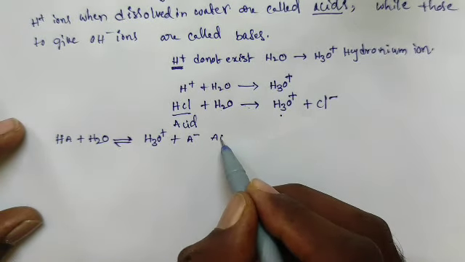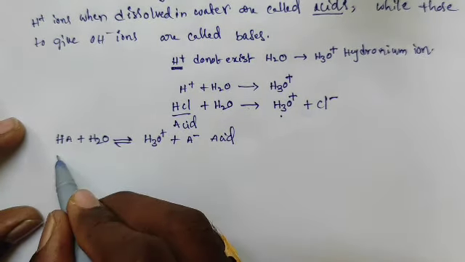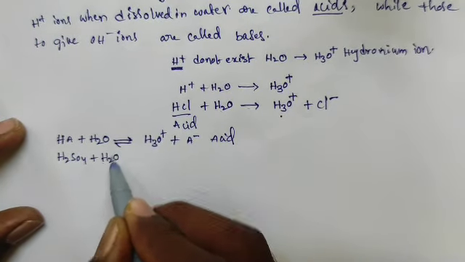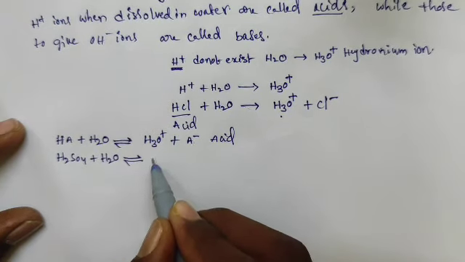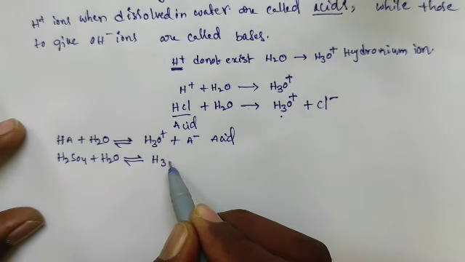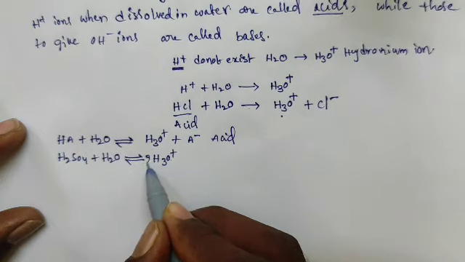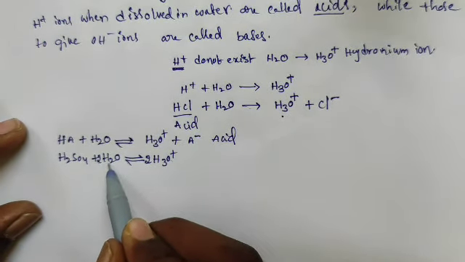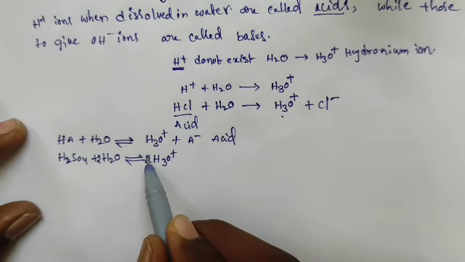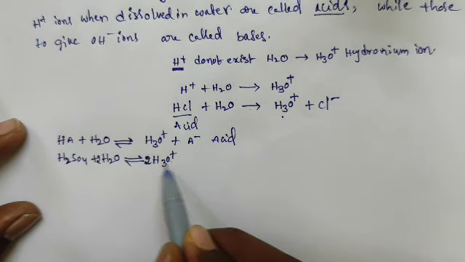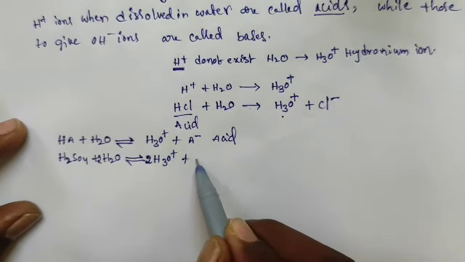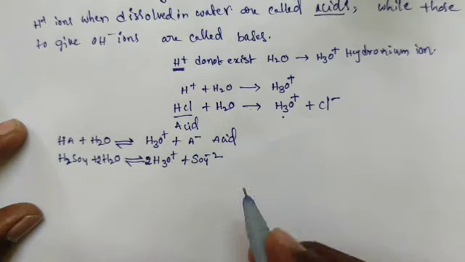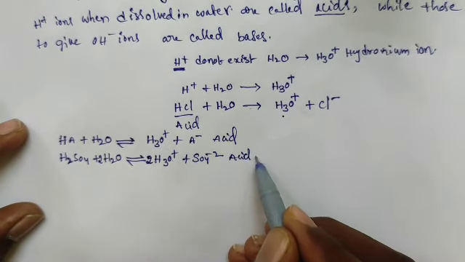Example, H2SO4 plus H2O. When H2SO4 is dissolved in water, we will get 2 H3O plus plus SO4 2 minus. So this is an acid.